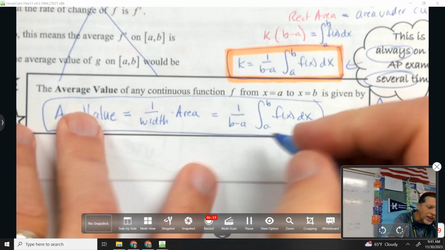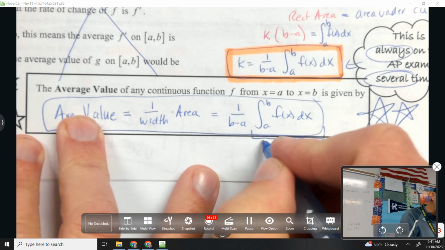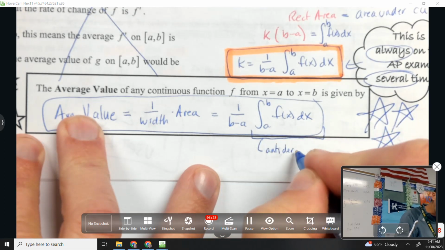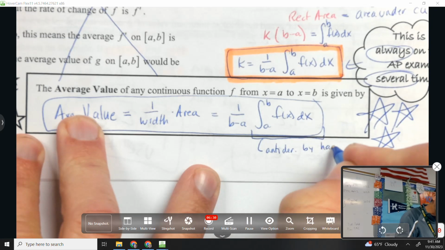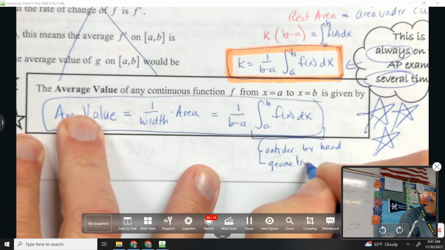I can also remind you that when it comes to evaluating an integral, sometimes we can find the antiderivative by hand. Sometimes we use geometry, like we're thinking about area.